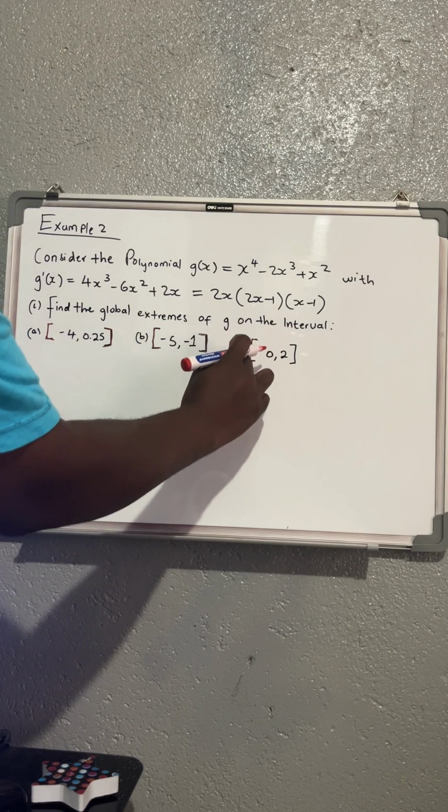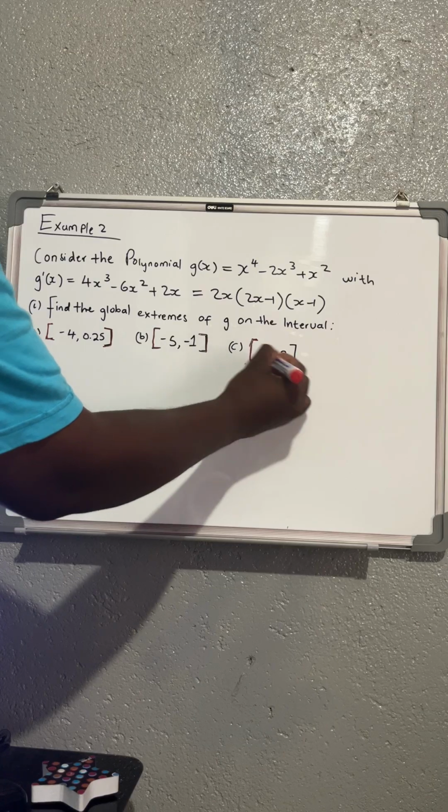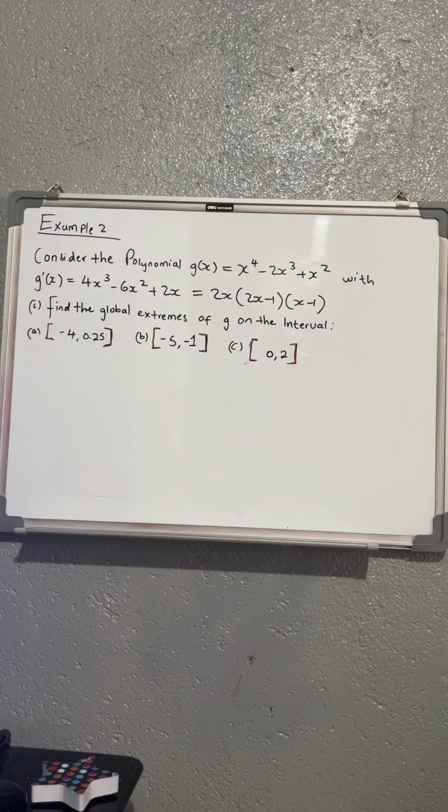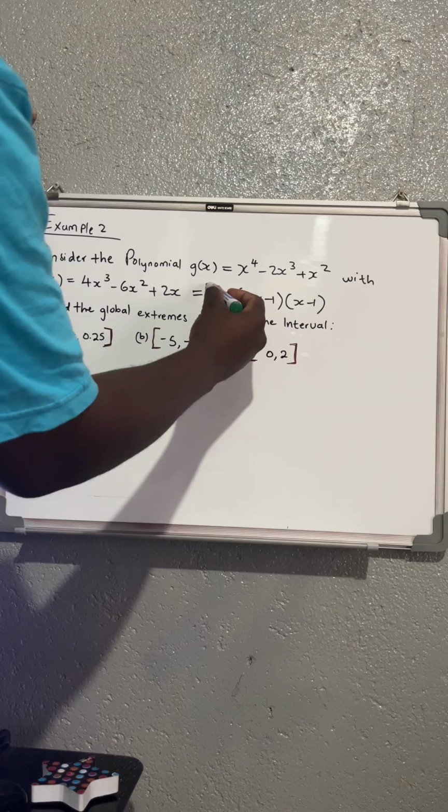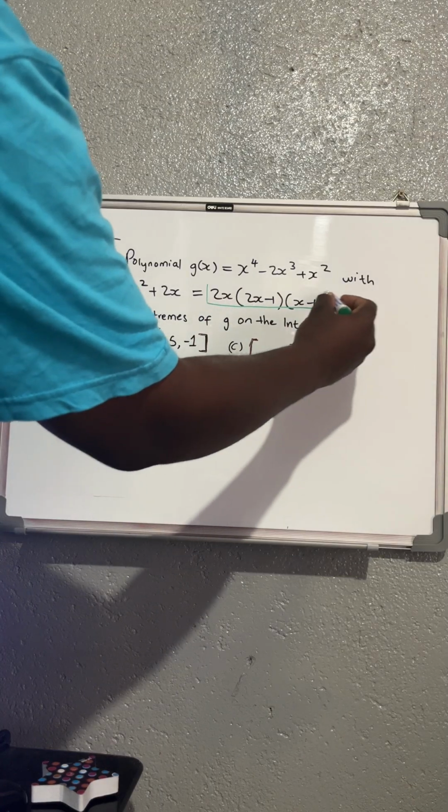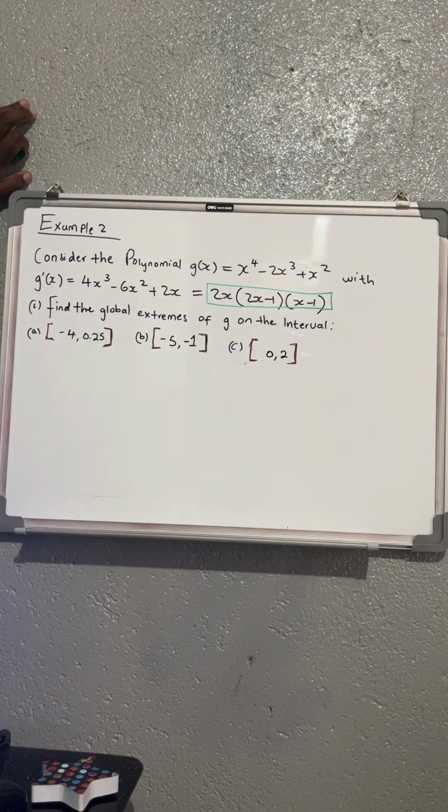So you can pretend as if it's a number line and you're working between -4 and 0.25, and within that number line you're also going to consider the x values that you would have found on your first derivative.